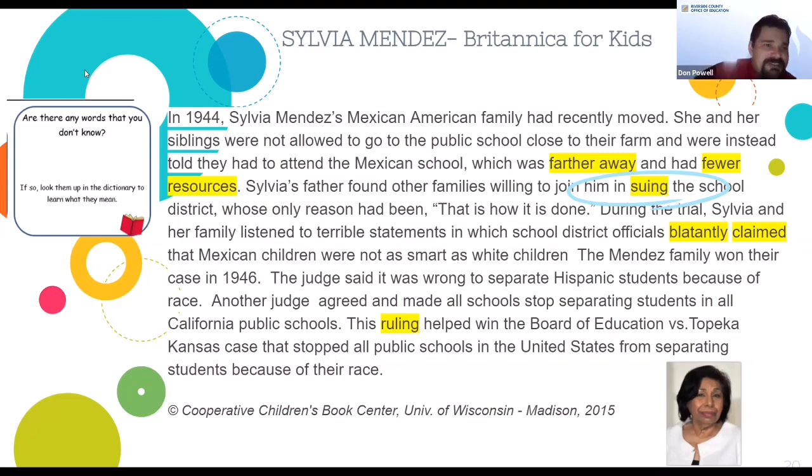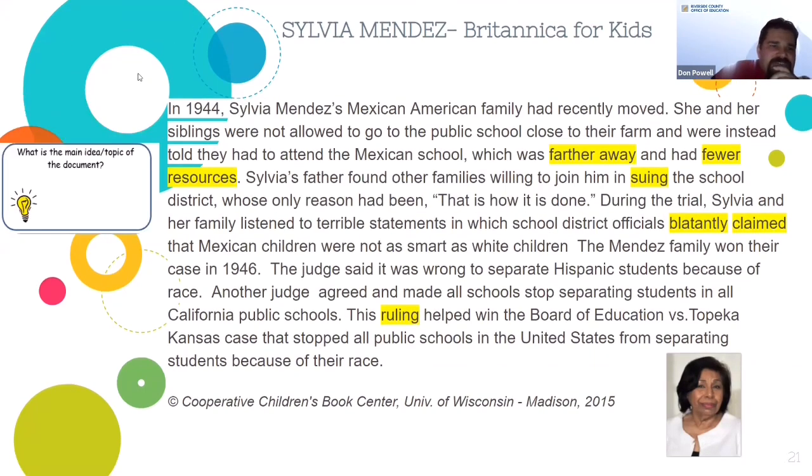And when adults can't make those determinations, they go to a judge, and those judges make those determinations as to whether or not Sylvia Mendez should be going to the Mexican school, or if she can go to the other school. So there are some rich opportunities there for conversations with our kids, so that they can develop those tools and those resources.